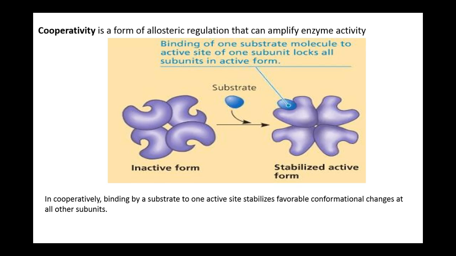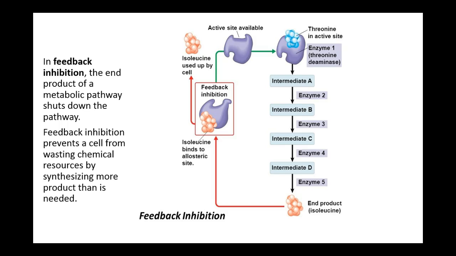Your hemoglobin is not an enzyme. It's a molecule that carries oxygen in your blood. It actually carries four oxygen molecules, and once one binds in, it's more likely the other three sites will also get an oxygen binding in there. So the allosteric reactions can be activating or inactivating or cooperative.